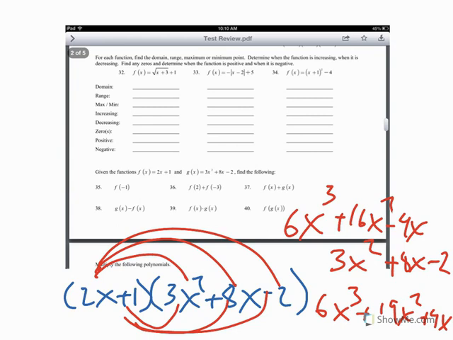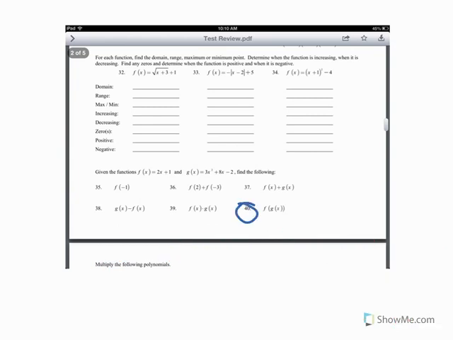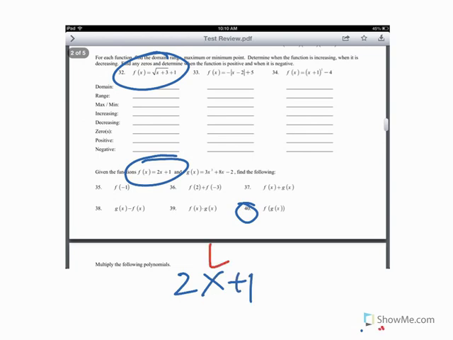Last one I want to go over is number 40. Guys, f of g of x means I'm going to take my f of x function, and I'm going to plug in g of x into that. So I'm going to take the shell of f of x, which is 2x plus 1, and I'm going to replace my x.